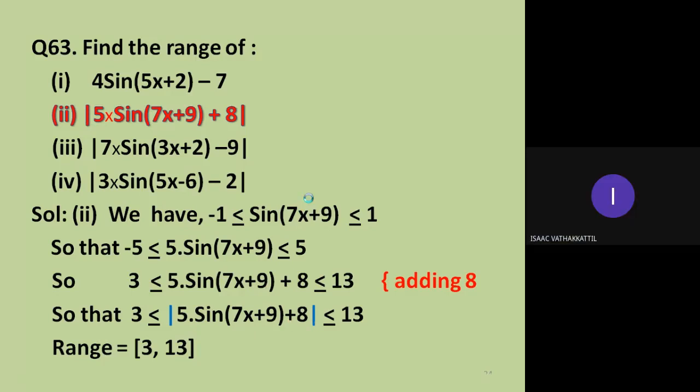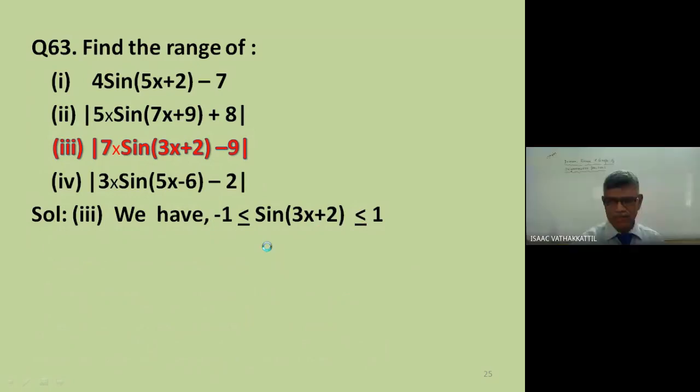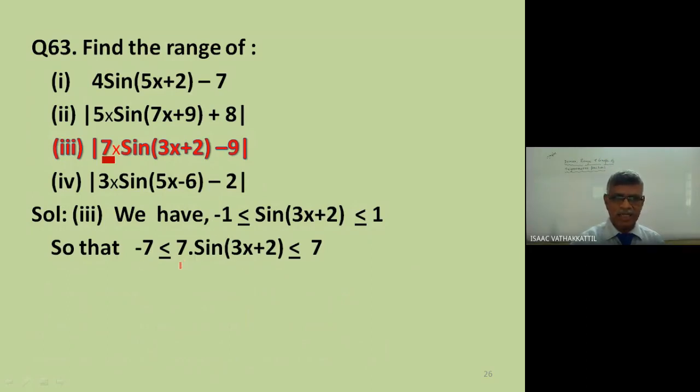Now let's take the third one: modulus of 7 sine 3x plus 2, minus 9. We have -1 less than or equal to sine 3x plus 2 less than or equal to 1. Multiply with the 7, I have -7 less than or equal to 7 sine 3x plus 2 less than or equal to 7.